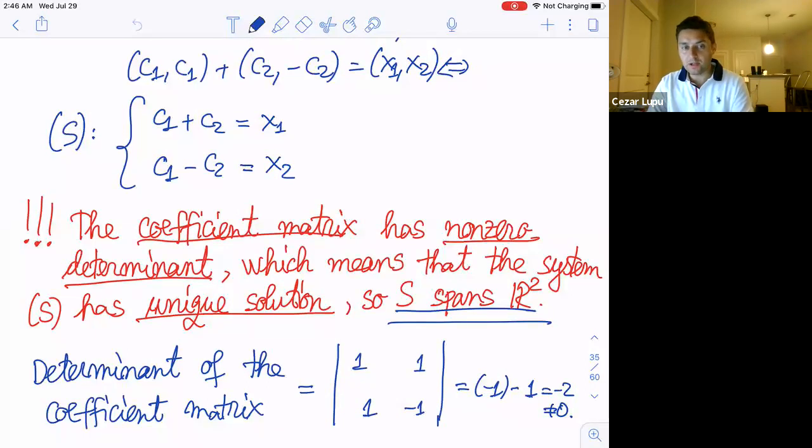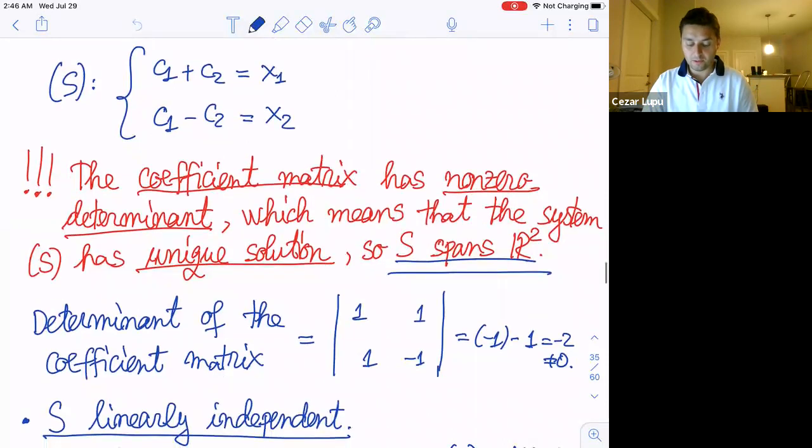It's an easy computation to see that the determinant of this will be negative 2, which is not 0. Therefore, by this observation above, clearly the system S has a unique solution, so S will span R2.